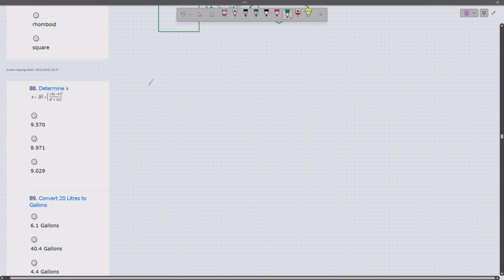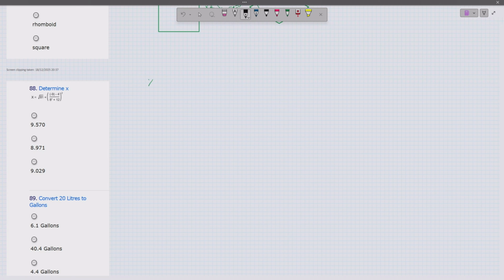If you have x, we have x equals the root of 81 plus minus 9 minus 4 all over 8 squared plus 12, bracket close. That will give you the square root of 81 is 9, plus that is squared. So minus 9 minus 4 will give you minus 13.